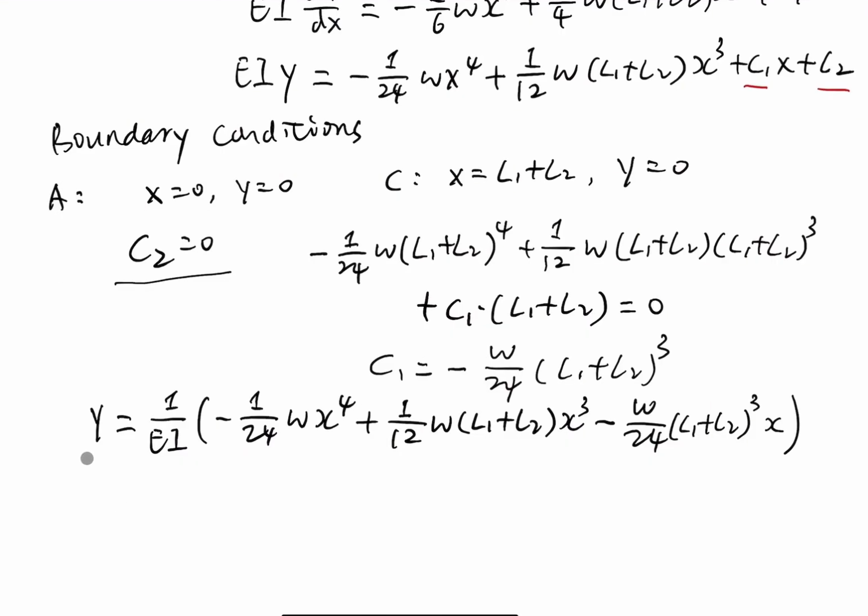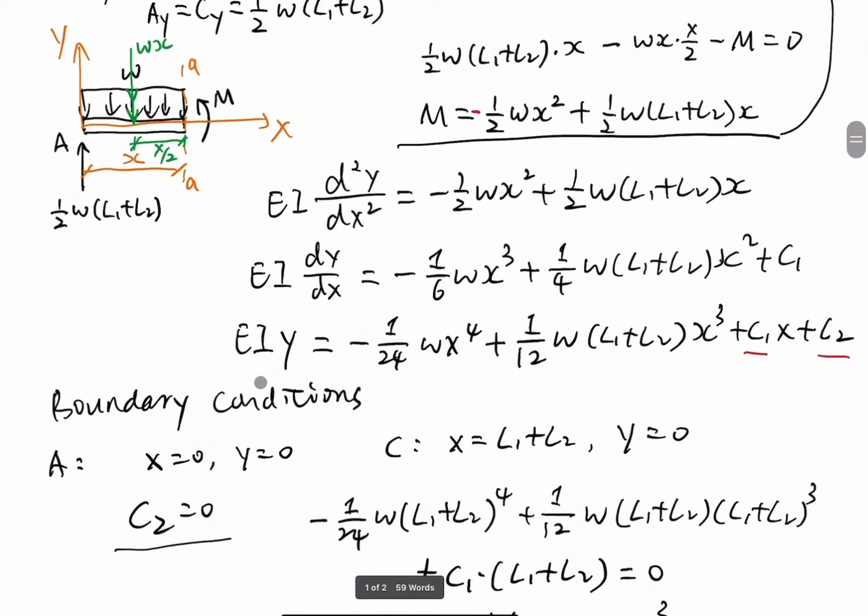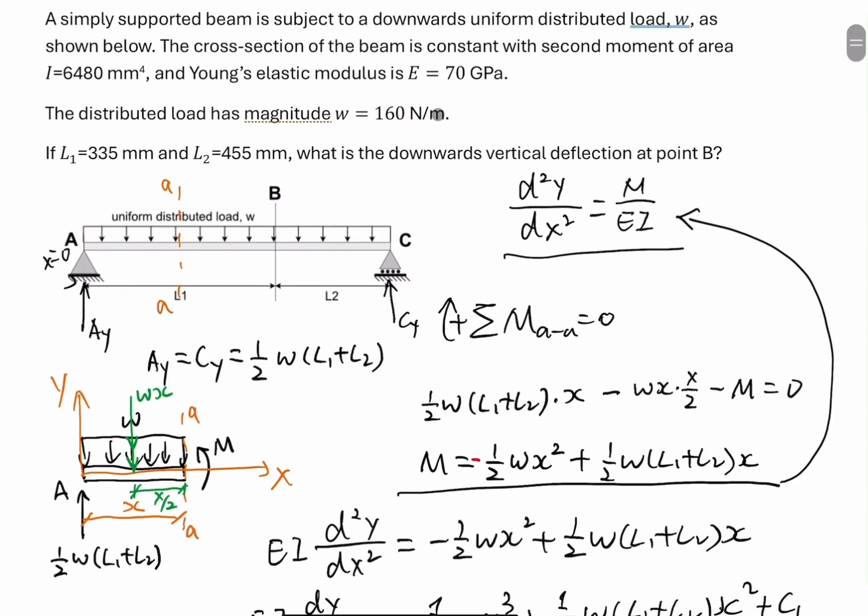After we have the deflection equation, we can evaluate the deflection at any point on the beam. The question is, what is the downward vertical deflection at point B? Point B is x equal to L1, which is 335 millimeter here.